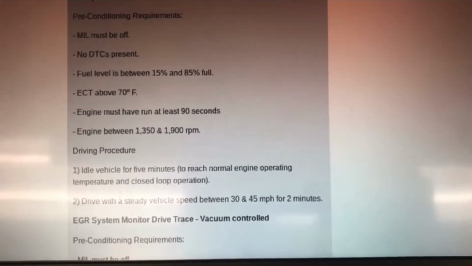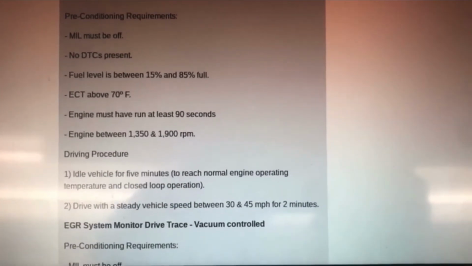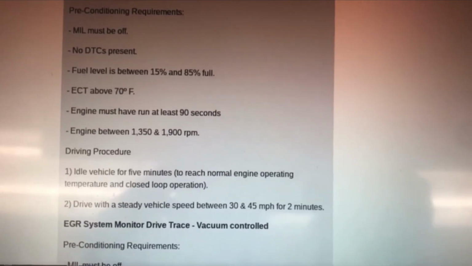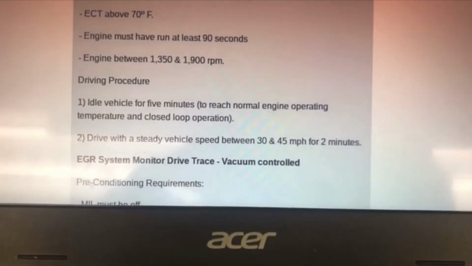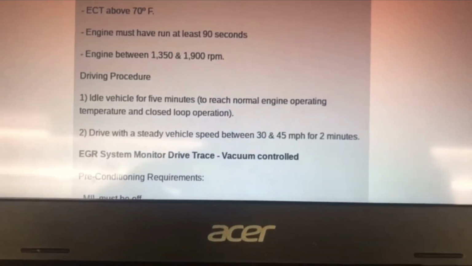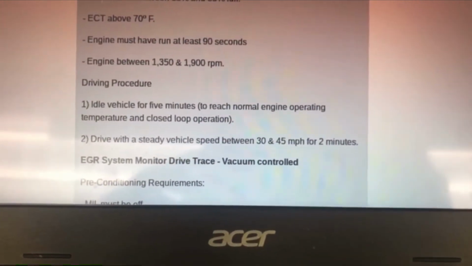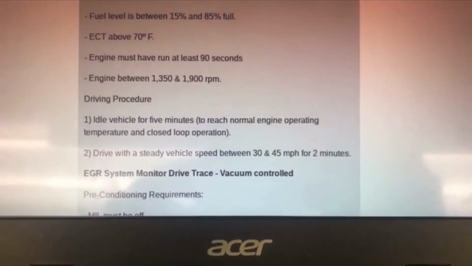When you do the procedure, your engine should be running between about 1350 and 1900 RPM while you are driving. You should idle the vehicle first, just to make sure that the vehicle is at operating temperature. And as you're driving down the road, you should make sure that you're driving between about 30 and 45 miles an hour for around 2 minutes.